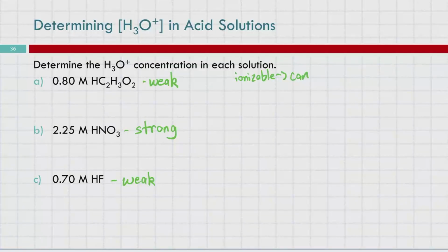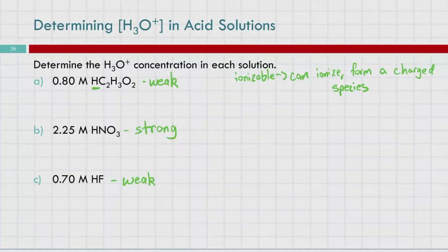Ionizable, can ionize, form a charged species. So our ionizable hydrogens are the ones that can form a charged species. They can become a proton, they can pop off, they can be removed.